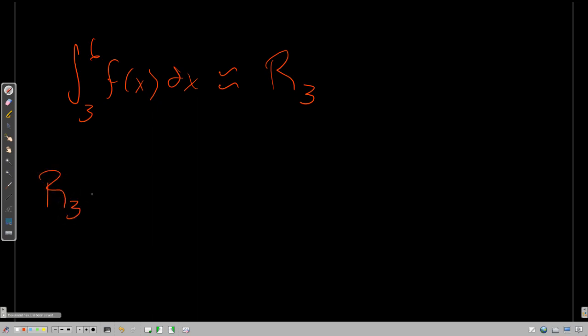But that right Riemann sum of 3 rectangles is nothing more than delta x, which in this case is 6 minus 3 over 3, times, now I can't start at f of 3, because 3 is the leftmost endpoint. We would have to start at f of the quantity 3 plus delta x.